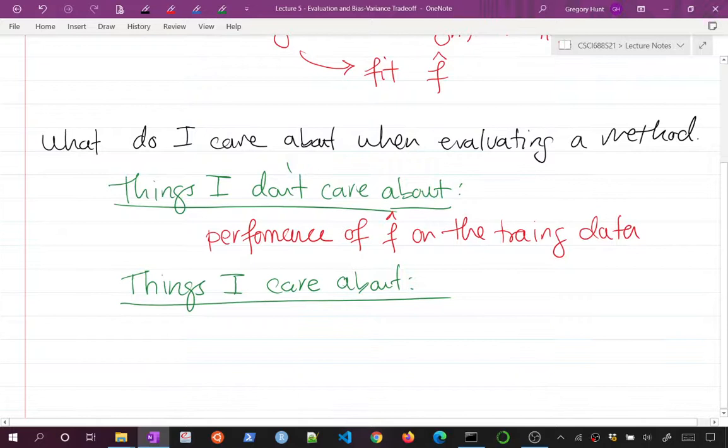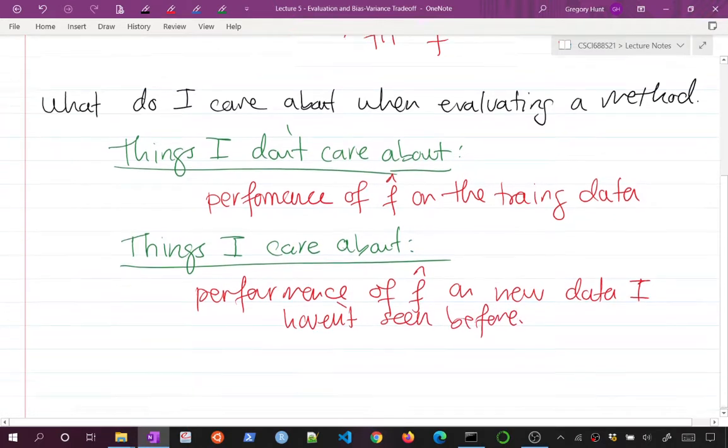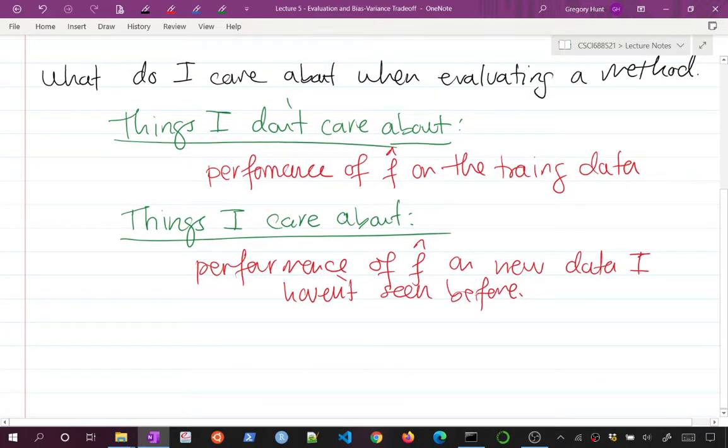What I actually care about is the performance of f hat on new data I haven't seen before. Basically, the whole reason I'm training this f hat is so that I can go out in the real world, collect more data, and accurately predict the response for that data.